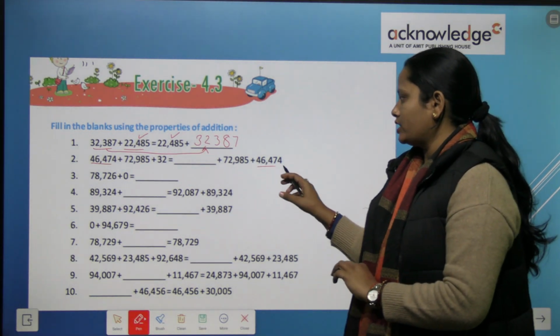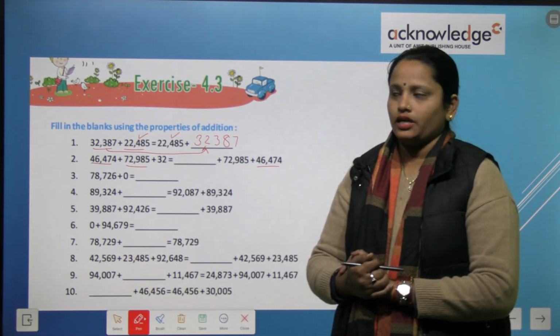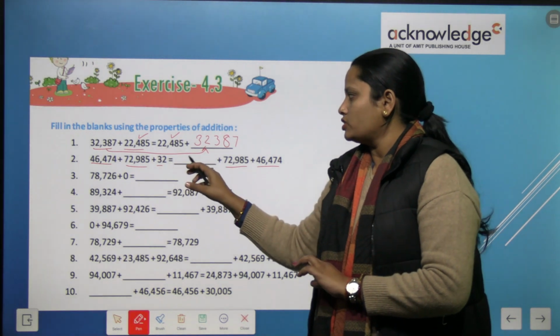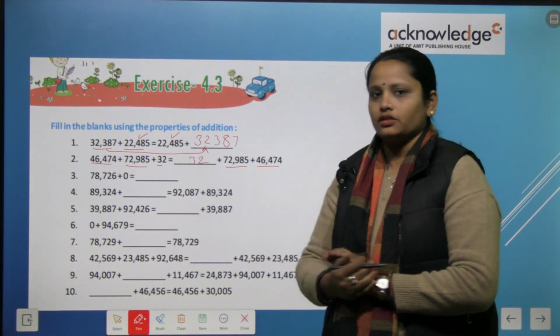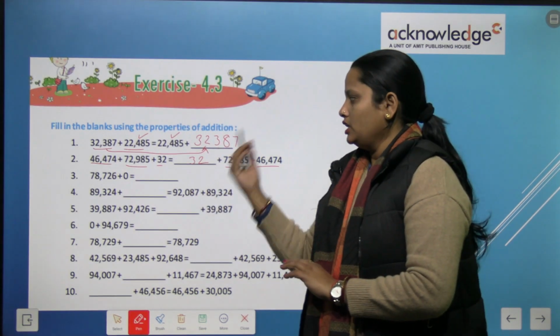Now let's move on to the next question. 46,474. Here also 46,474. Here is 72,985. Here also 72,985. Here 32 is written, so here we are going to write 32. So this property says both the sides should be equal.